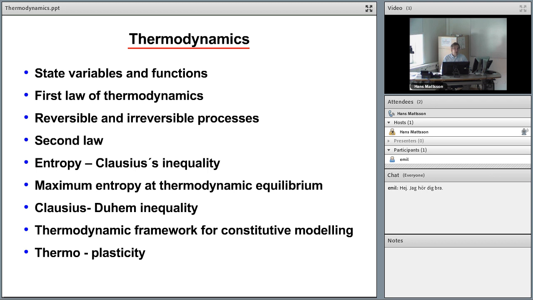In thermoplasticity you get also thermal strains, because the change in temperature can give you strains.